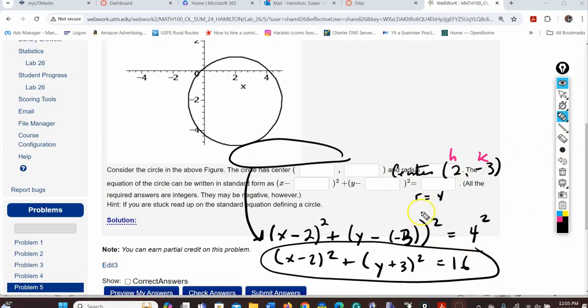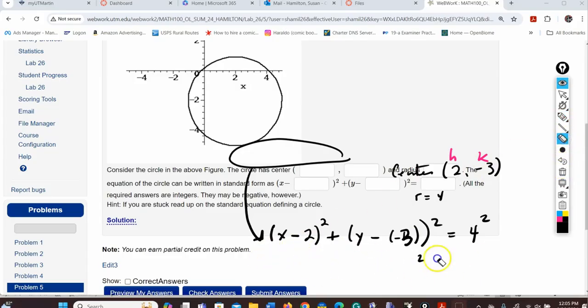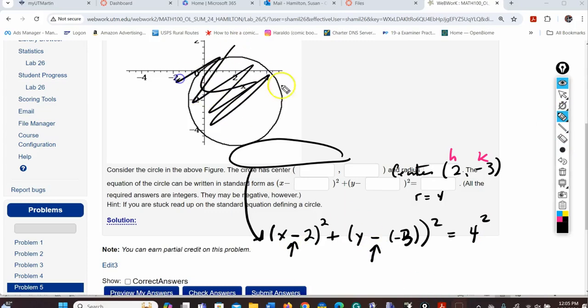So for the one that I just did, web work would want you to leave it like this. So you have minus signs there. And so we're not talking about this one, we're talking about the one that we just did.